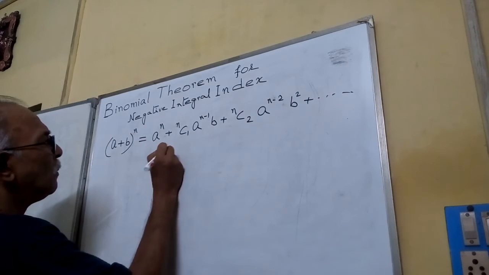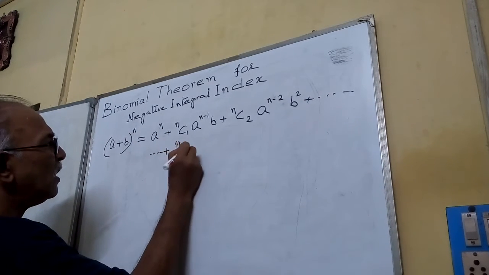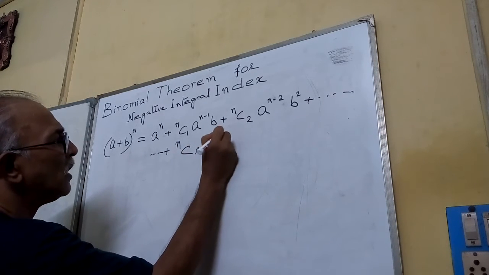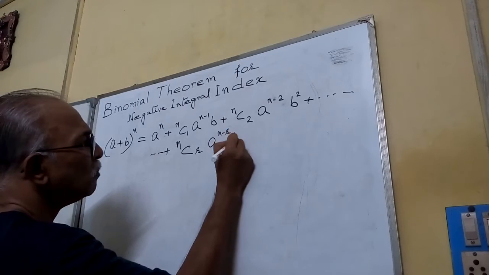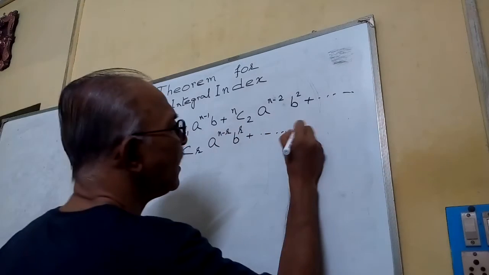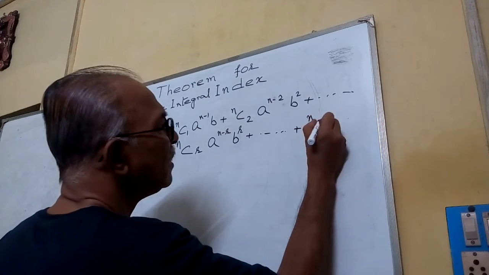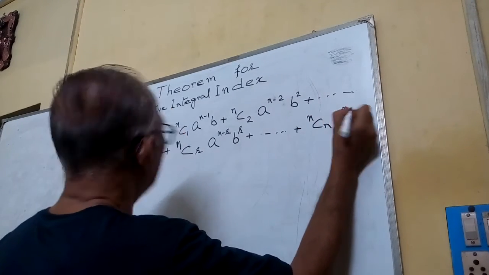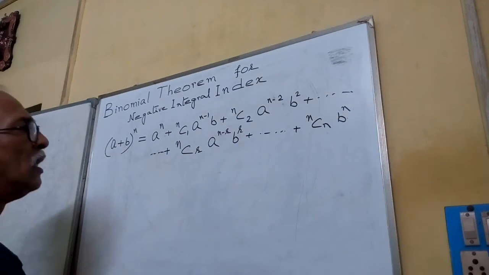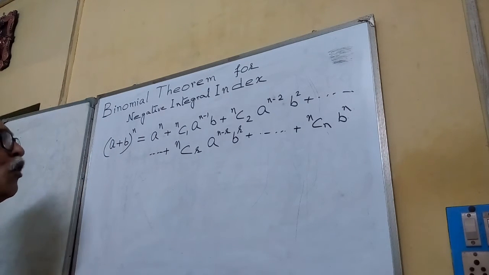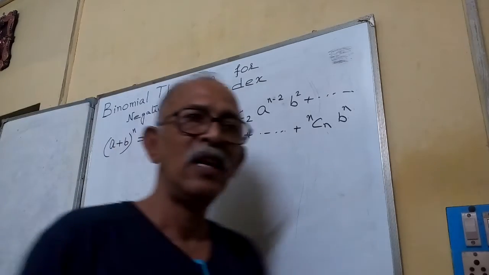In this way, plus NCR A to the power N minus R B to the power R plus, and finally, NCN B to the power N. This is our binomial theorem for A plus B whole to the power N.